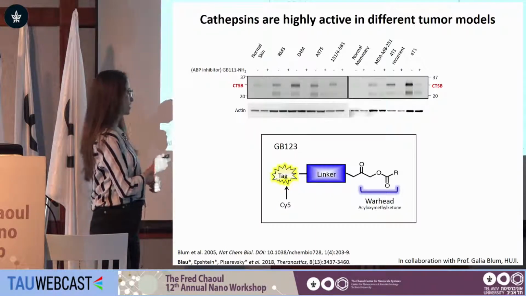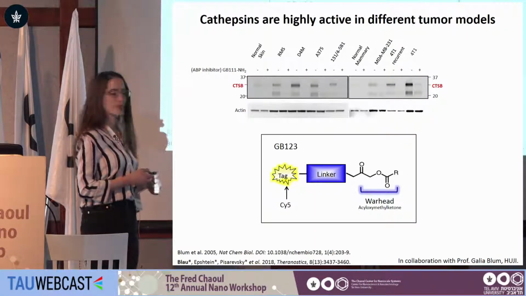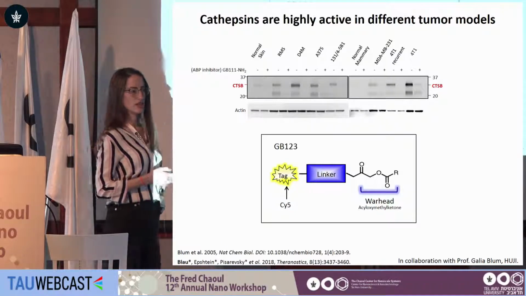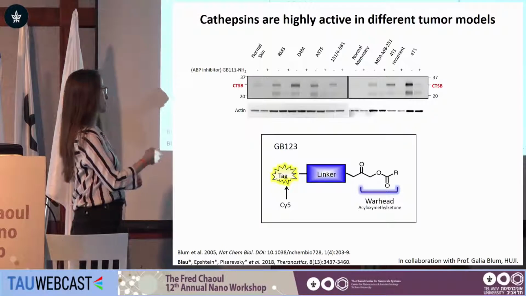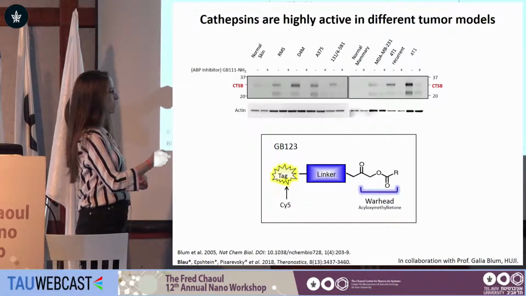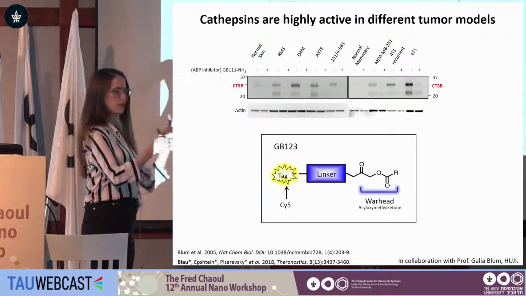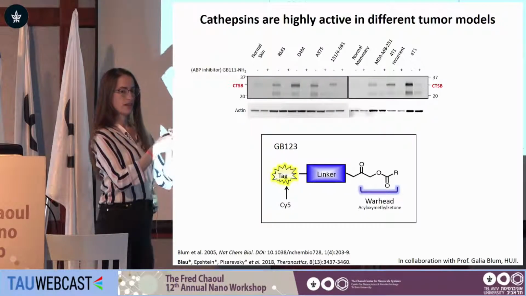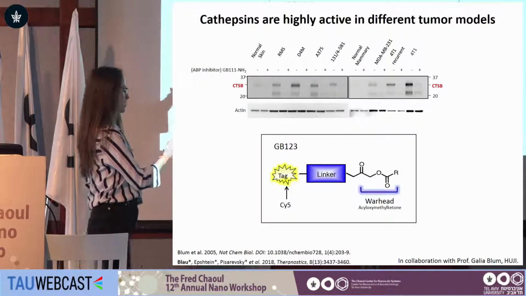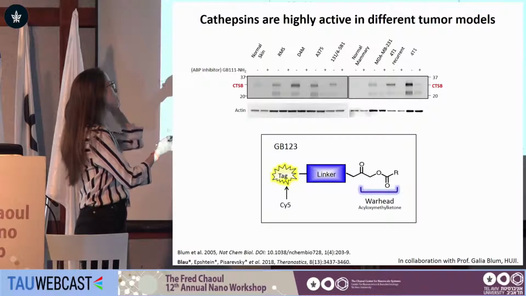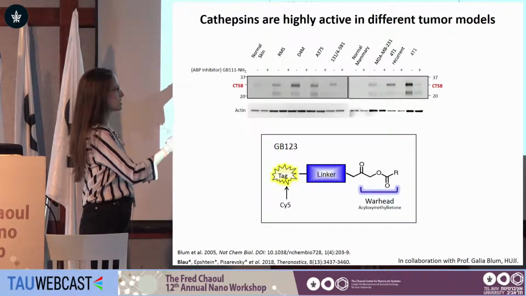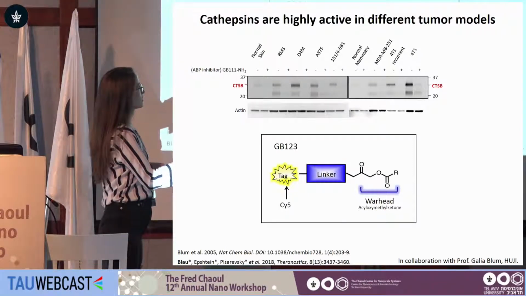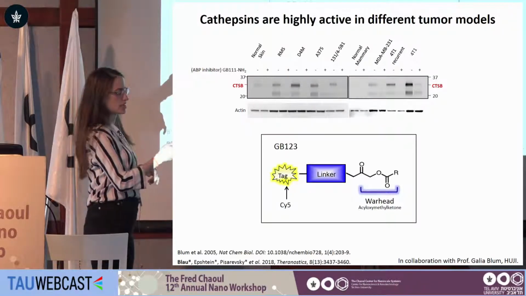And we collaborated with Professor Galia Blum from the Hebrew University and used her activity-based probe, which is composed of a fluorescent tag, a cysteine cathepsin linker, and a warhead that can covalently link to the active enzyme, and we could show the high activity of the cysteine cathepsins in several mammary and melanoma tumor tissue lysates.